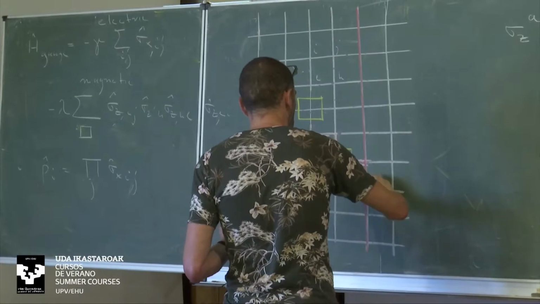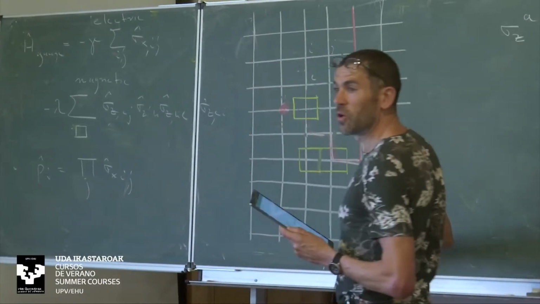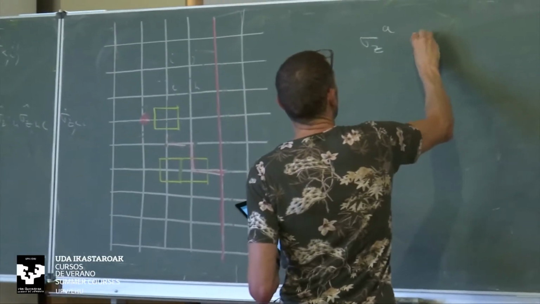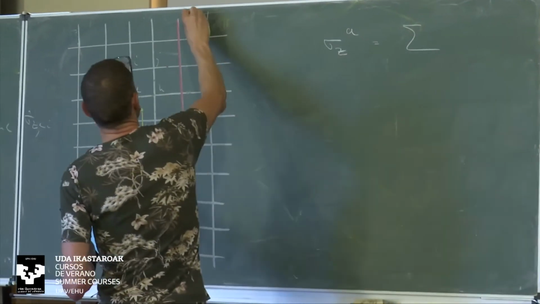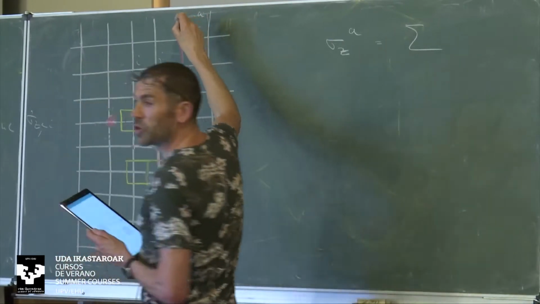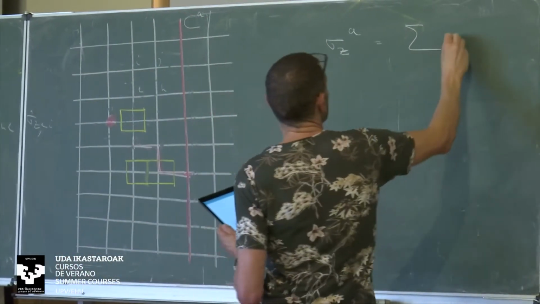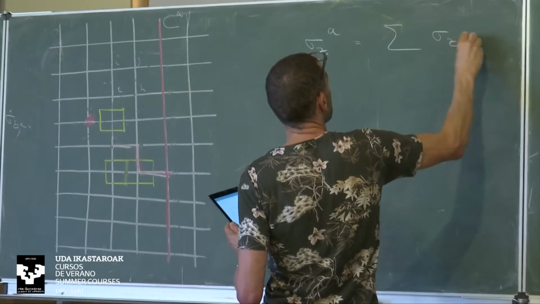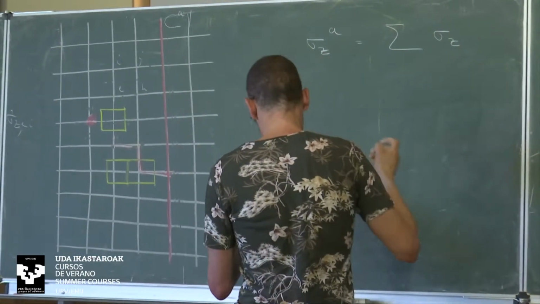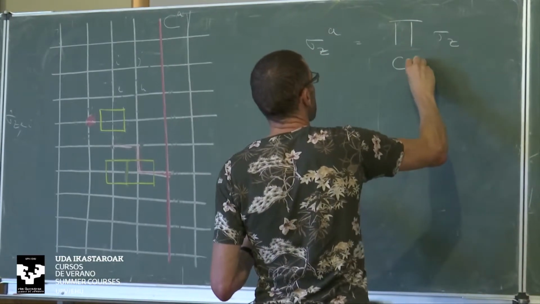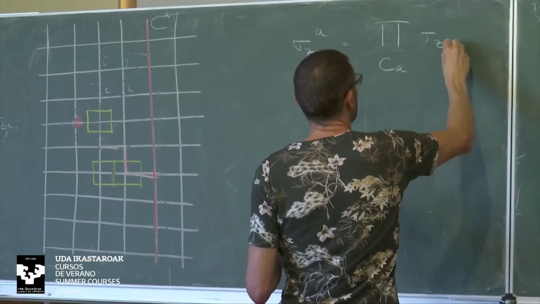So it's a closed loop operator, and it's built like a product over this contour here. This is contour A equals 1, all sigma z's. Sigma z, product over C_A, sigma z ij.